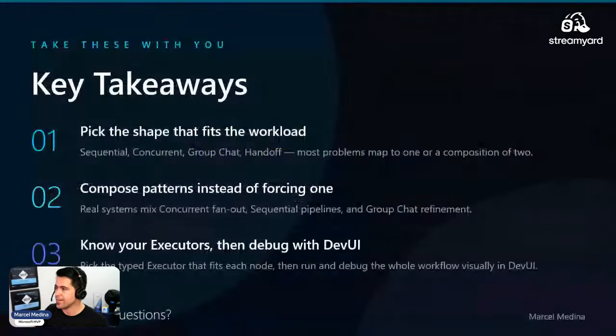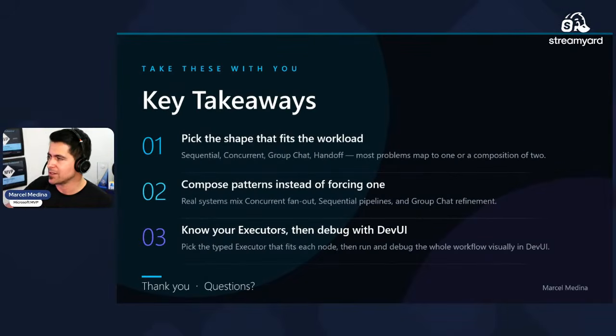Just finishing, I know we stretched a little bit more. It's one of those sessions that, yeah, it's cool. I found it really interesting exploring the different options. But yeah, you can see here we have different patterns. You pick what fits your workload.